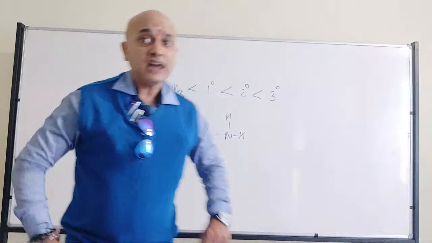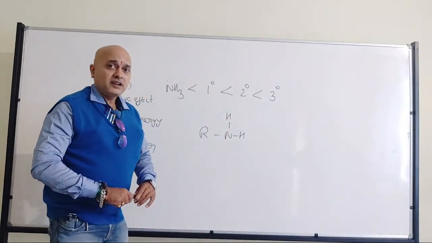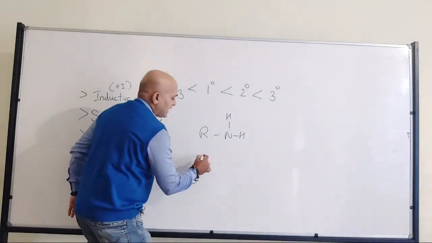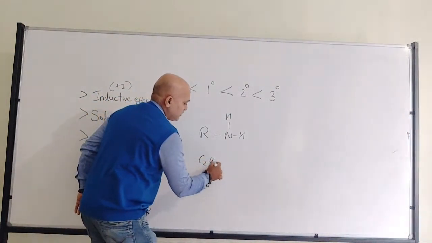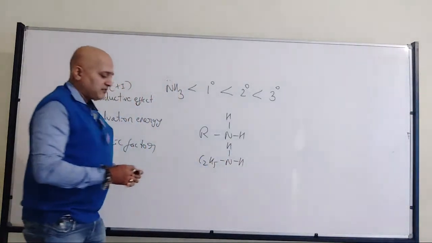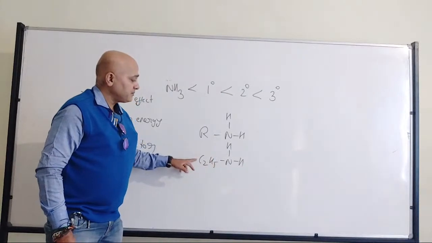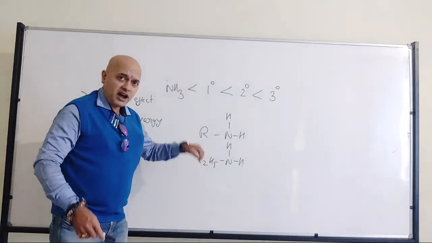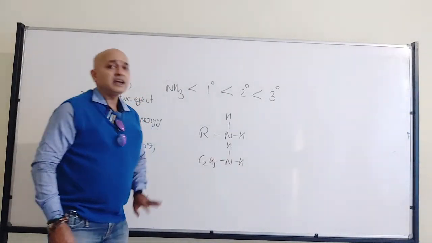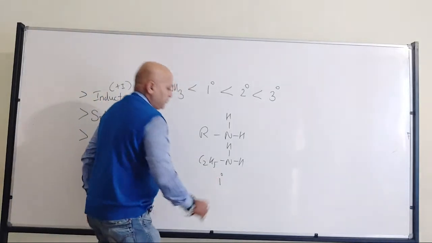It will be large molecule compared to hydrogen, which is small. For example, if I go with ethyl group, then C2H5NH2, right? So that's where I have the ethanamine, where one ethyl group is there. Naturally, ethyl group is a large molecule compared to the hydrogen, right? So this is with respect to primary.